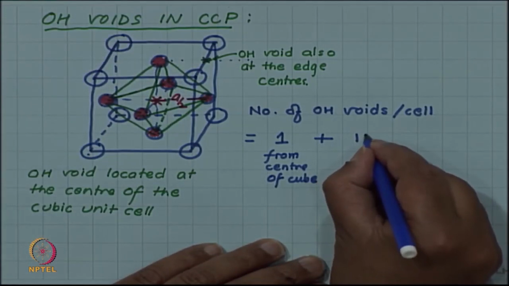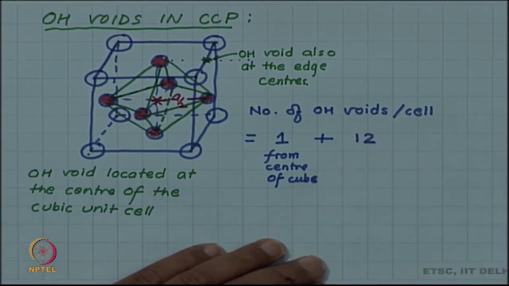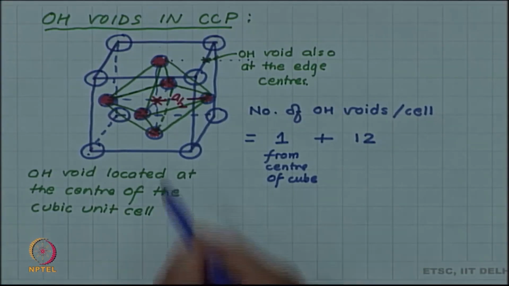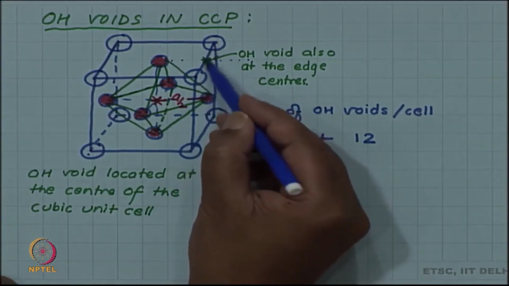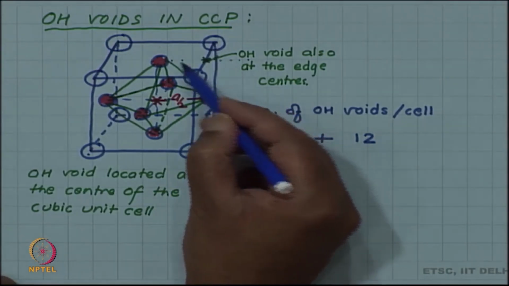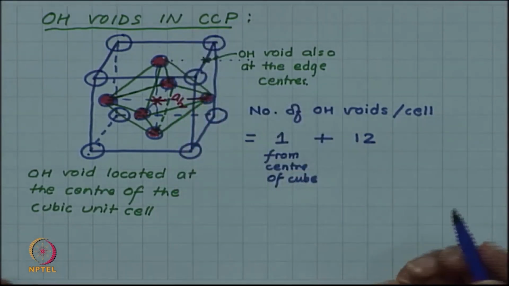So, I have 12 voids located at the edges, but if you look carefully in the 3D structure, each edge is shared by 4 cubes.